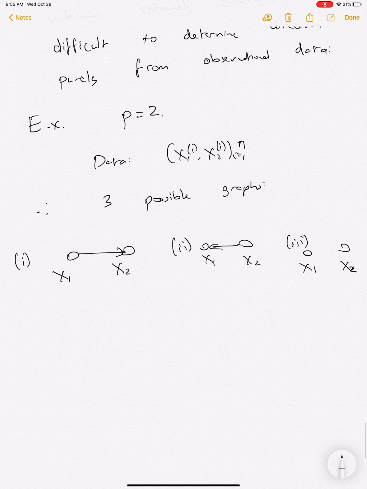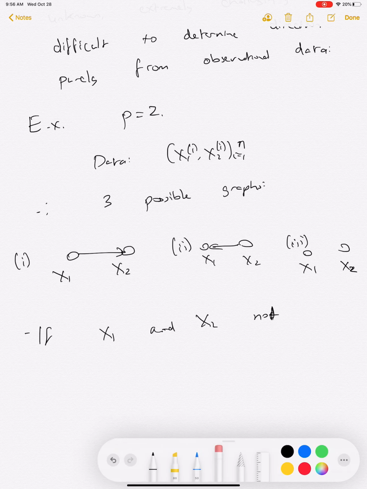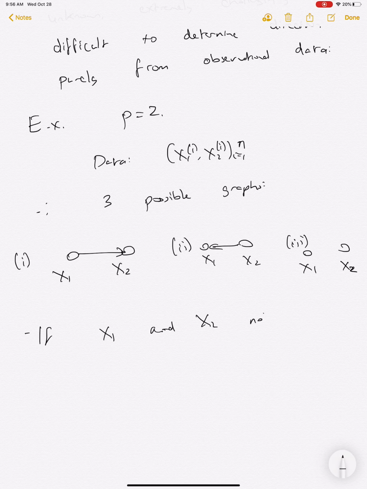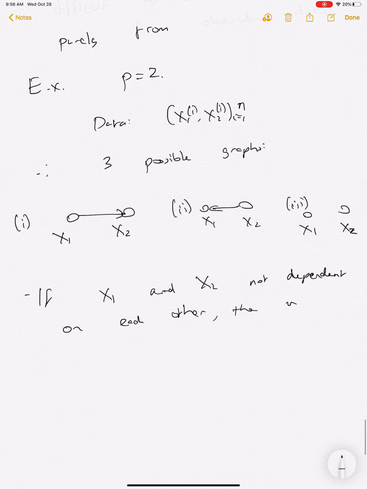Okay, and so if x1 and x2 are not dependent on each other, which is something we can test by doing either a regression of x1 on x2 or just a correlation if we knew that our data was Gaussian, then we can conclude 3.